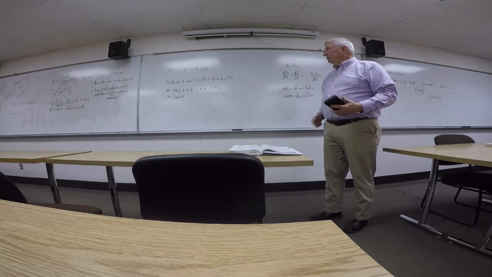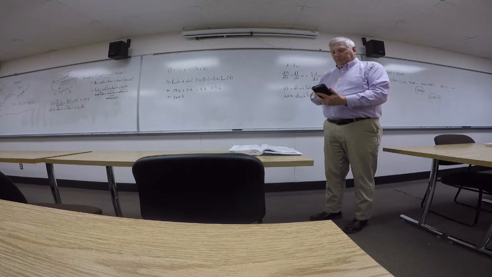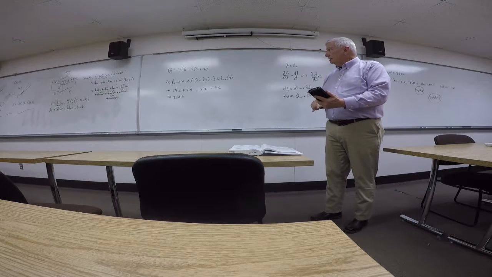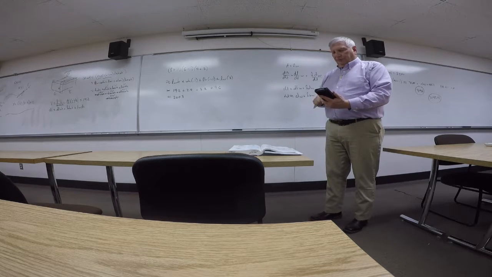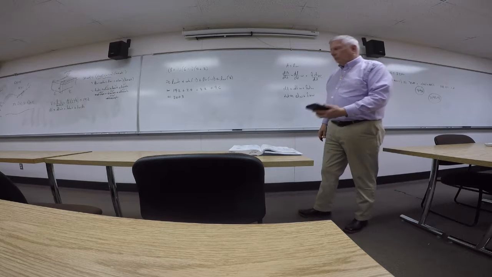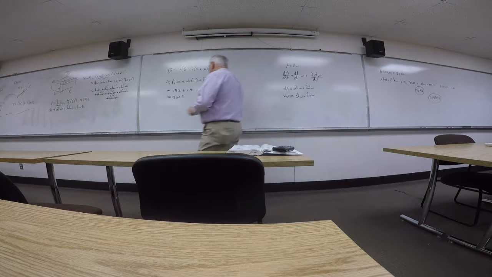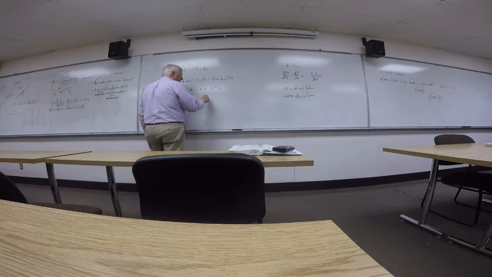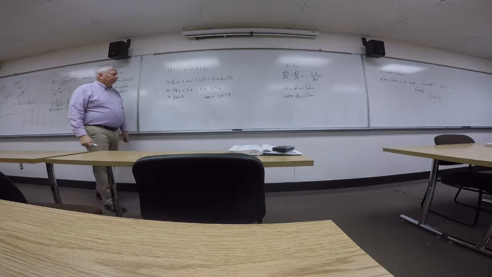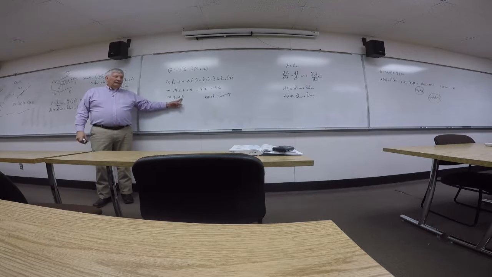The actual value, let's see. I want 8.1 times 5.9 times 4.2. Let the calculator do the hard work, and it says 200.718. Is that close enough?